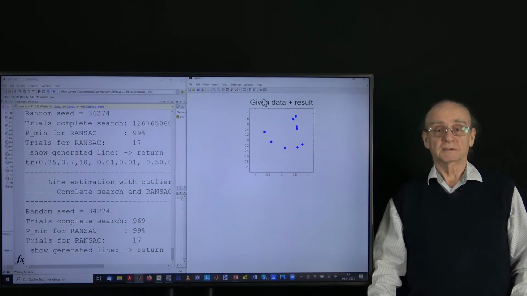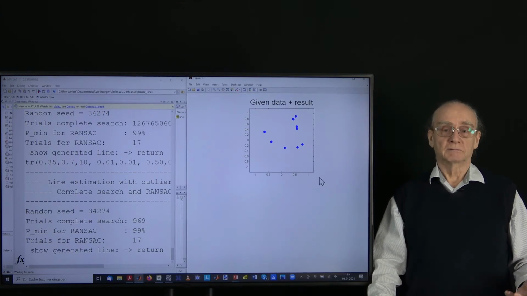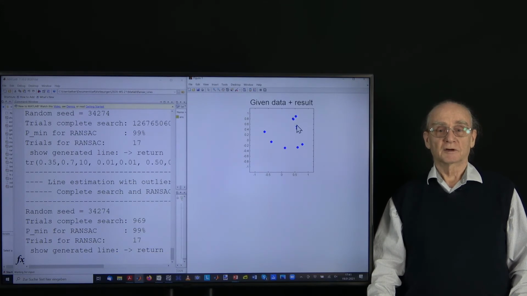This is the set of generated points. These are 10 points, and it's not very complicated for us with our visual system to see that these 5 points here sit on a straight line, and this one and these 4 are outliers.